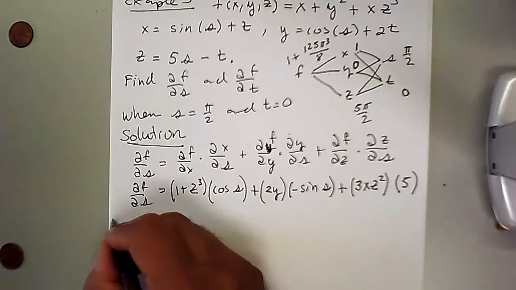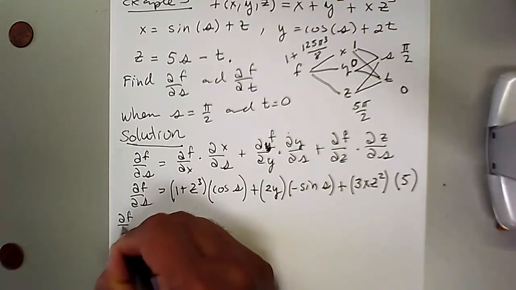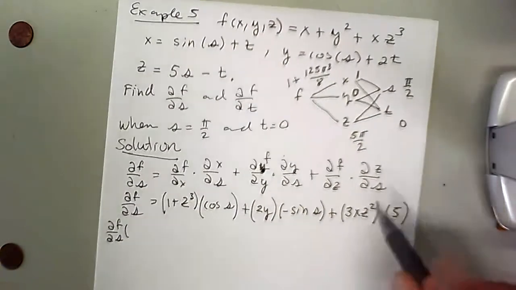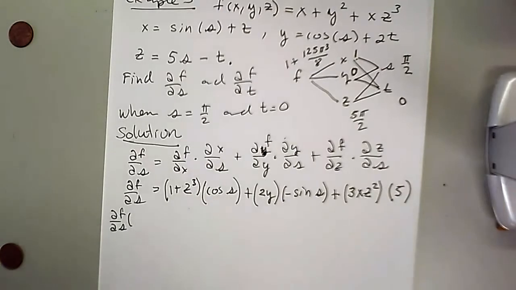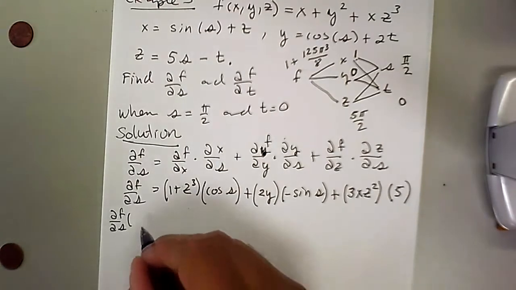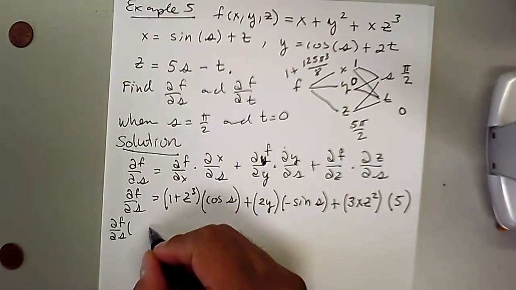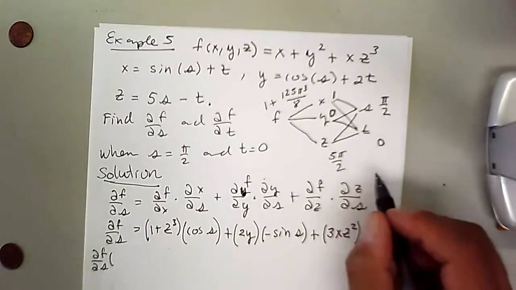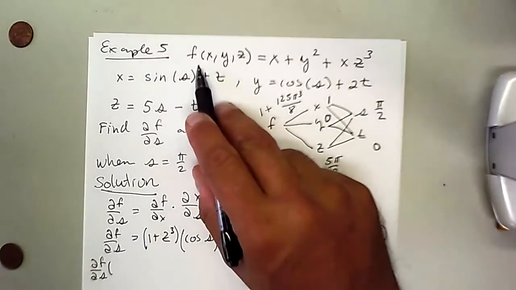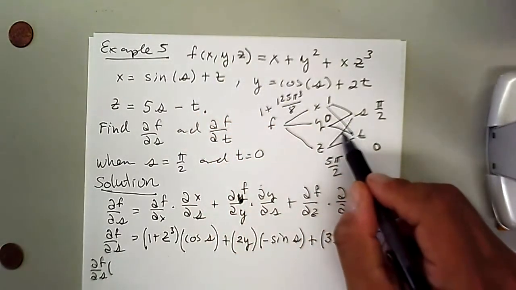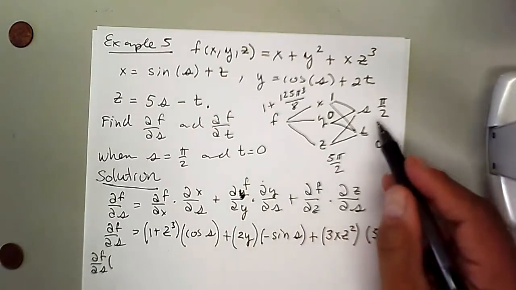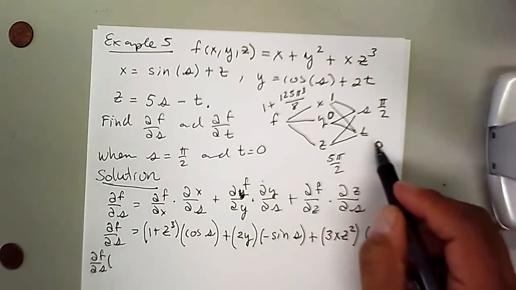Okay, so we want to evaluate this when s is pi over 2. I prefer to be specific because if we just put pi over 2 and 0, it should be fairly understood because there are only two inputs, but the function has 3, so somebody would have to guess what we mean.